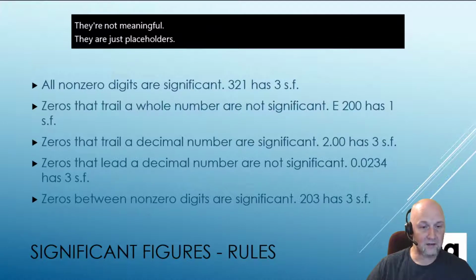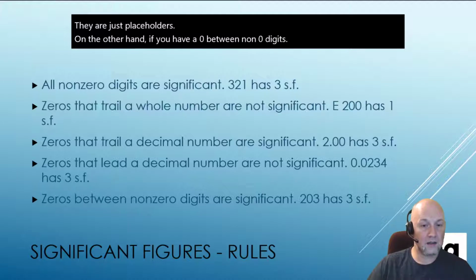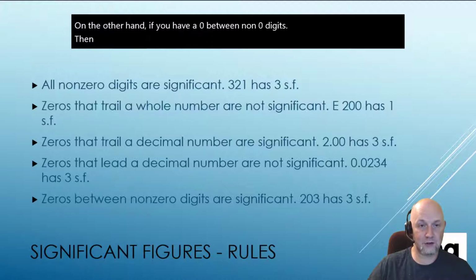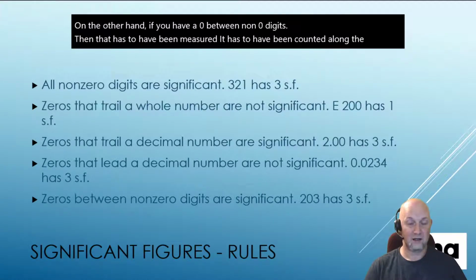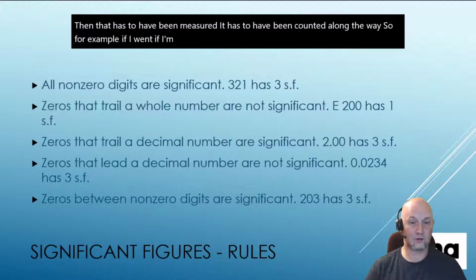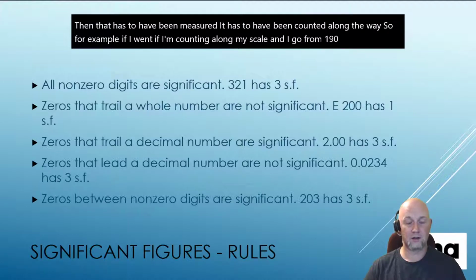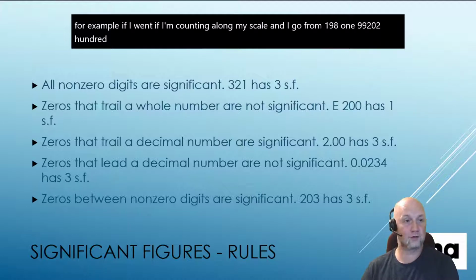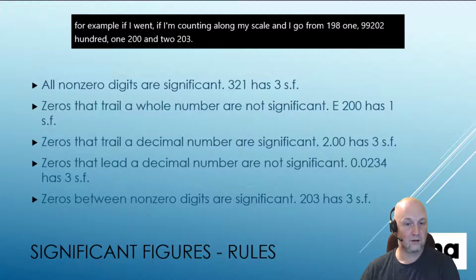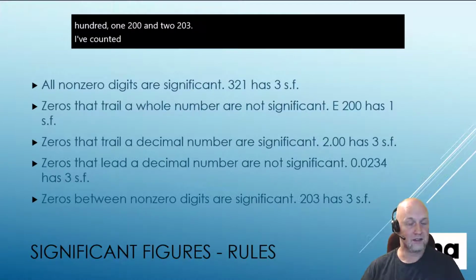On the other hand, if you have a zero between non-zero digits, then that has to have been measured. It has to have been counted along the way. So for example, if I'm counting along my scale and I go from 198, 199, 200, 201, 202, 203, I've counted that zero in the middle is needed to actually represent the correct value.